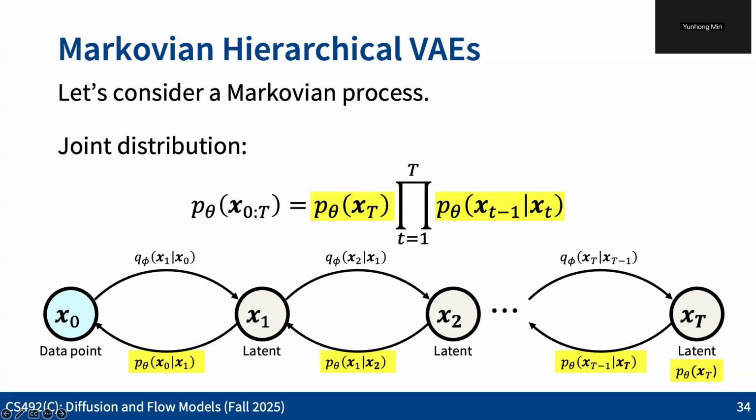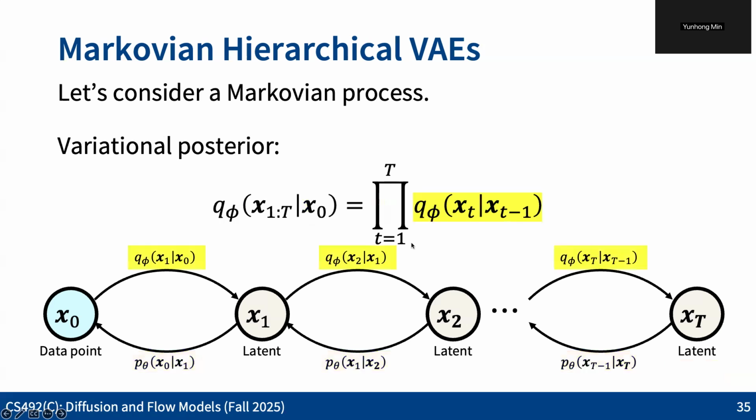So that's the basic idea. And also, the variational posterior will now be defined by taking the product of all the transition distributions. So that's kind of the same thing, but it's another way of parameterizing both the likelihood and the variational posterior distribution.